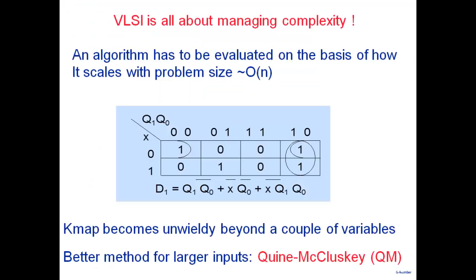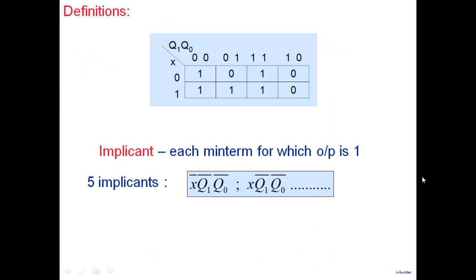When you look into this method, there are a couple of definitions with which we have to become familiar. The first one is, you'll hear the word implicant. An implicant is each one of those terms for which the output is 1. So if you look at the first term here, x bar, q1 bar, q0 bar is an implicant, a term for which the output is 1.